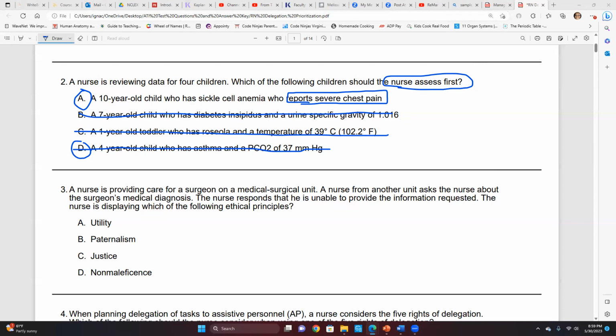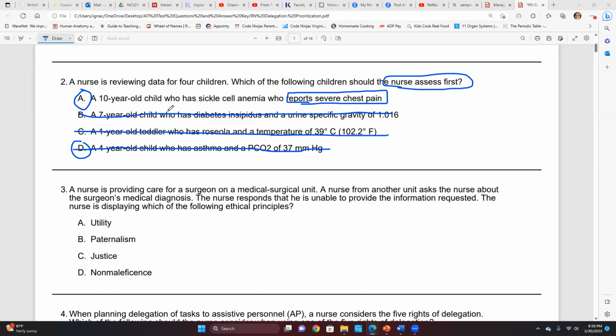So if your 10-year-old child has sickle cell anemia and they have this severe chest pain, I'm thinking they may have acute chest syndrome. That's one of the complications of sickle cell. The patient's having a sickle cell crisis, and now they have a sudden onset of severe chest pain. And this is a medical emergency.